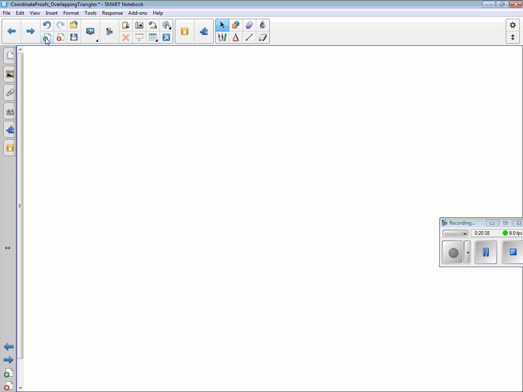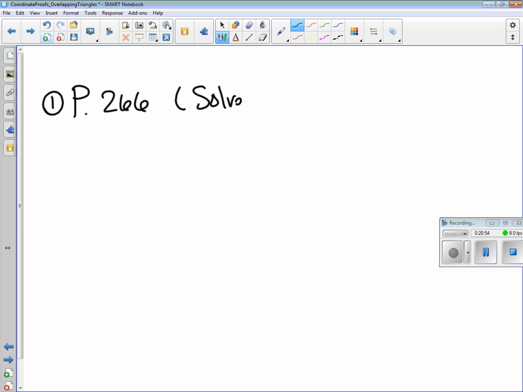But it's kind of odd, the picture. So on page 226, it's not an exercise. It's called the Getting Ready Solve It problem. So the first thing you're going to do is on page 266, you're going to do the solve it, get it ready. It's one problem.